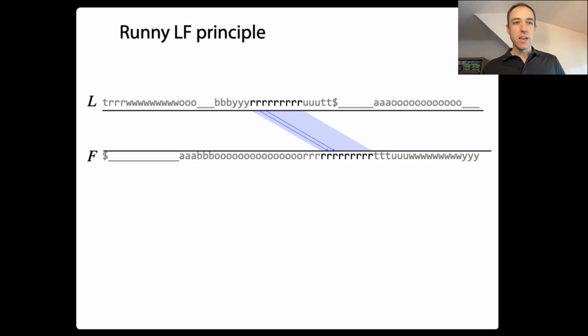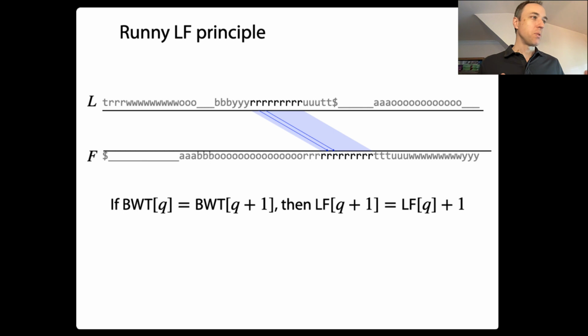So if we focus in on the letters of one run, the LF mapping is doing something kind of parallel to those same run letters. The principle we could write down is: if the BWT at offset q and the BWT at offset q plus 1, two adjacent letters in the BWT, are the same letter, in other words, part of a run together, then the LF mapping of the first one and the LF mapping of the second one are still going to be right next to each other when they move.